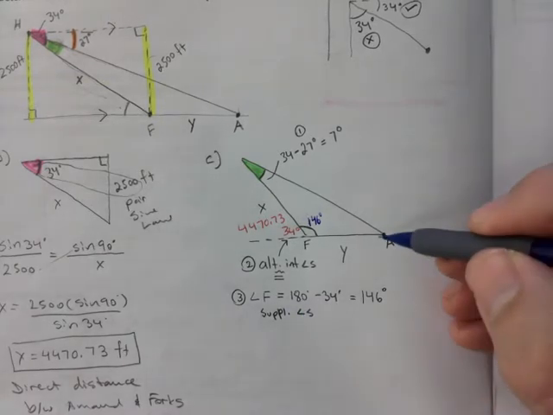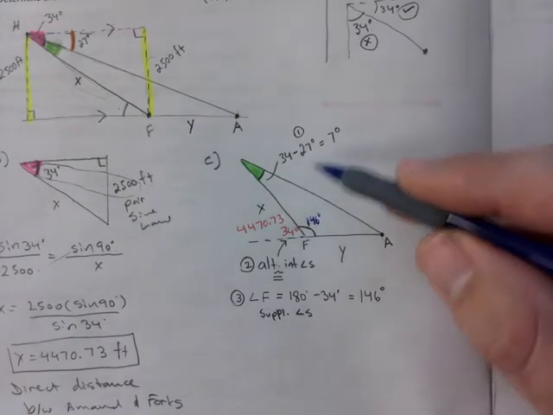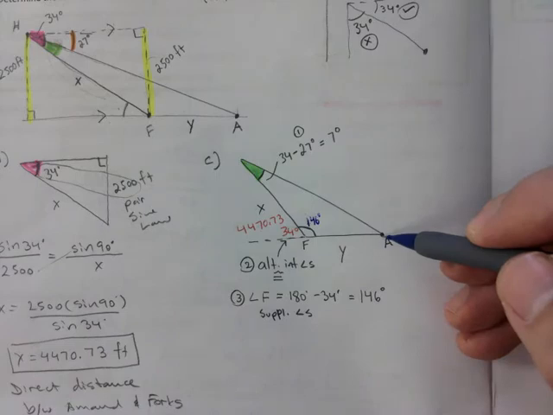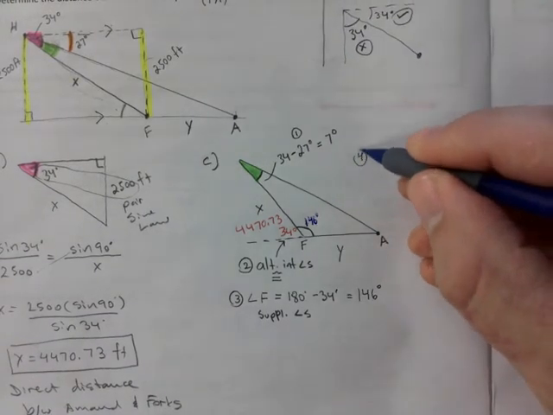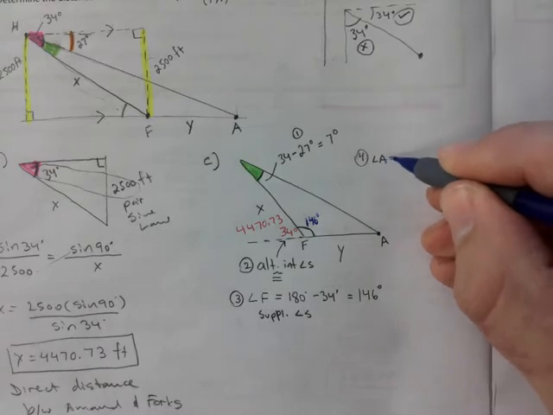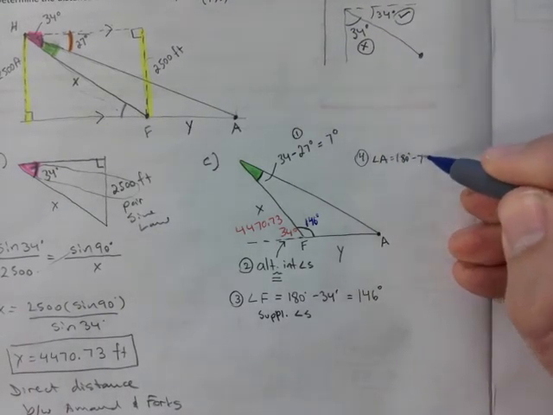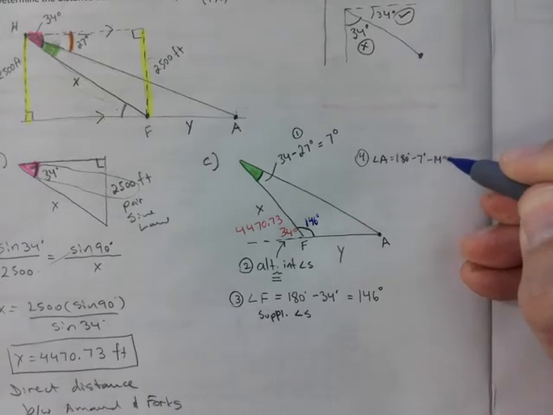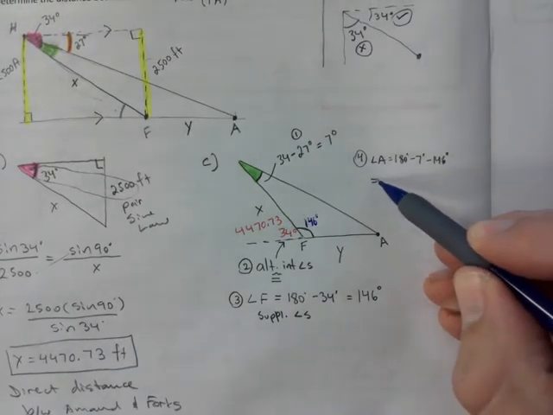And now I'm going to do the fourth step, which is finding this angle here, right? Because once you have two angles, you can find a third. So it's just like a chain reaction, right? So for angle A, it is equal to 180 minus 7 minus 146. And that is, and you're going to see this number somewhere else.